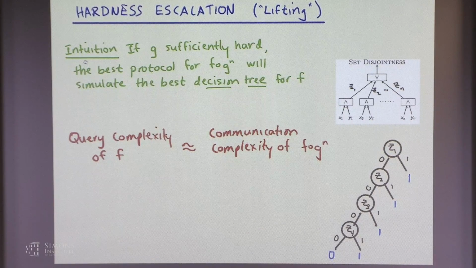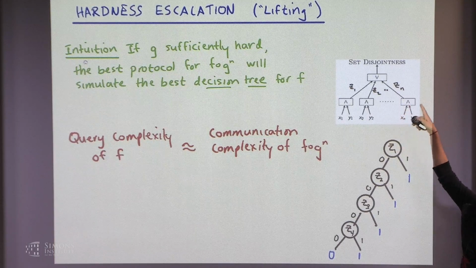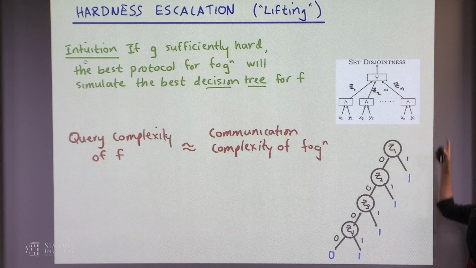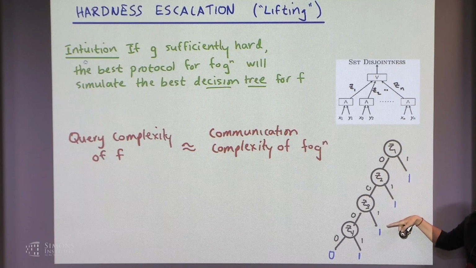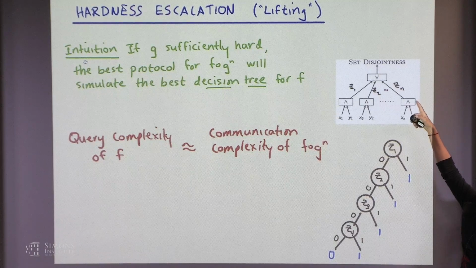Okay, and what we want to do is, in general, come up with a theorem that says that as long as I get to pick the gadget, so as long as the gadget is sufficiently hard, we can study the communication complexity of the composed function by studying the corresponding query complexity or decision tree complexity of the base function.